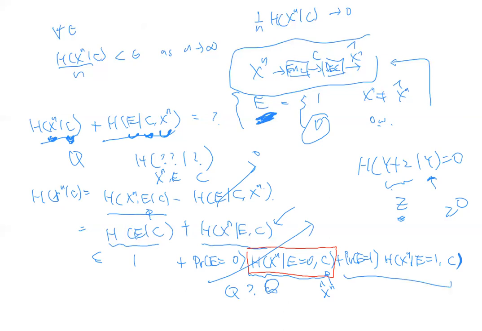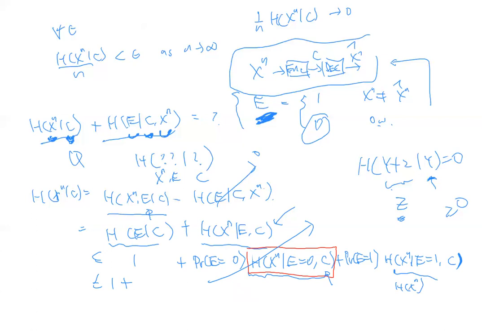And if we look at this one here, let me just write 1 plus, I can bound this one by H(X^n), because conditioning reduces entropy.